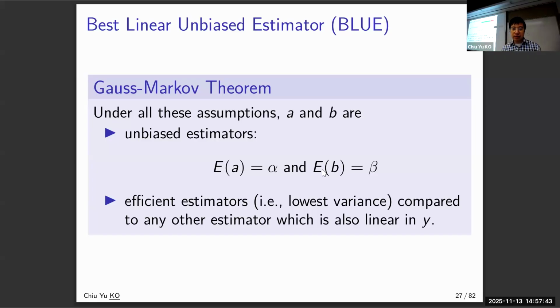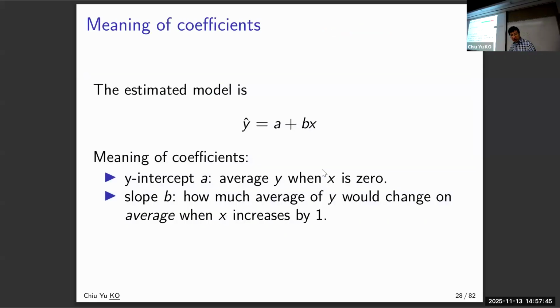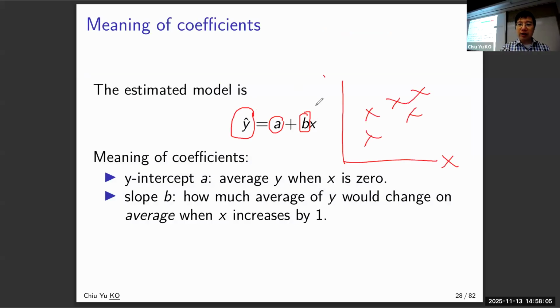Now after that, once you're done, we're saying that this is my model. The line, this A and B coming from the slide before. And what do we learn from this model? Because what you do is collapse all this data, X and Y data points, to the line.